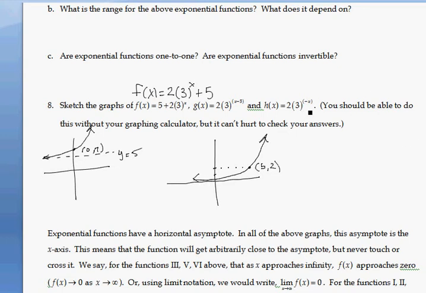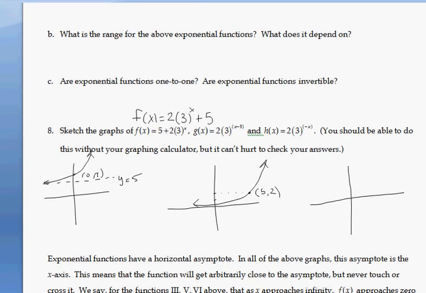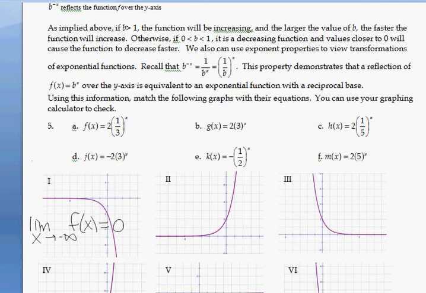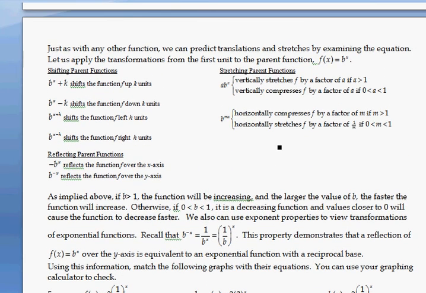And then this last one would be taking, again, that 3 to the x, which is increasing with a y-intercept of 2, except this negative x. If you put a negative x inside the function, remember that that's going to reflect it. I'm going to scroll back up just to remind you where we have this information. Okay, inside the function, that reflects over the y-axis.